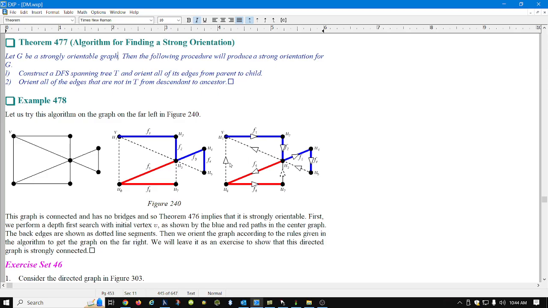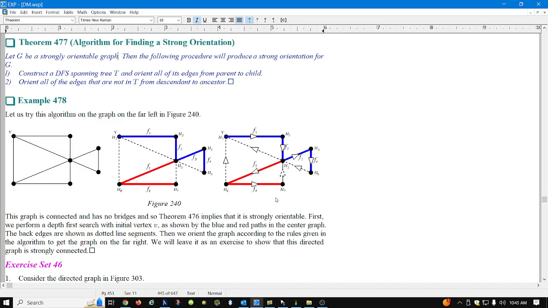There are 3 back edges. They go from descendant to ancestor. You follow this path along here. This vertex is a descendant of this vertex. Okay. Descendant to ancestor, descendant to ancestor. And this is a strong orientation.